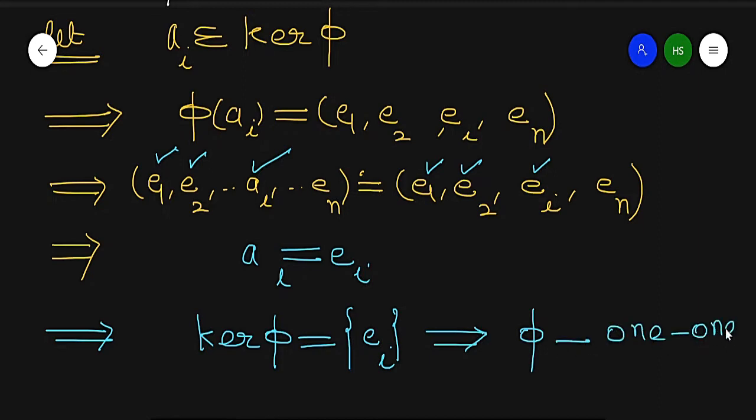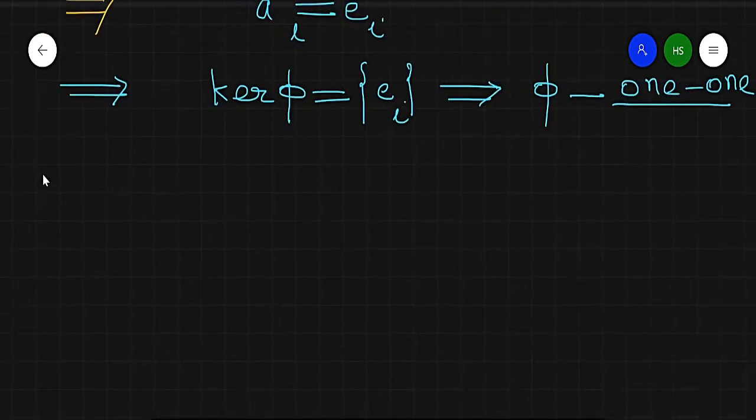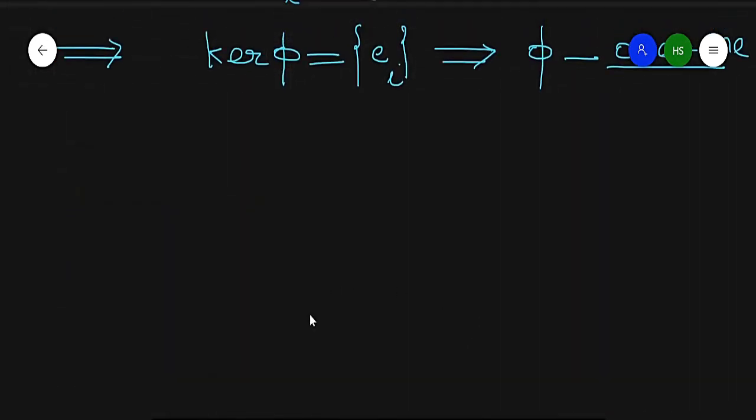And clearly it is onto, because for every element from the right-hand side there exists an element. How can we prove that?